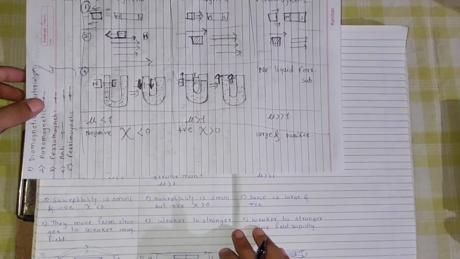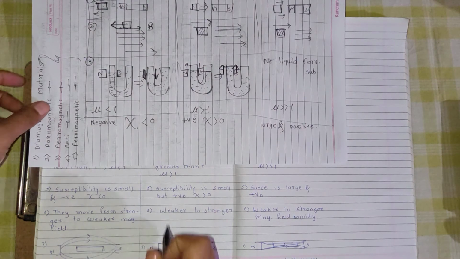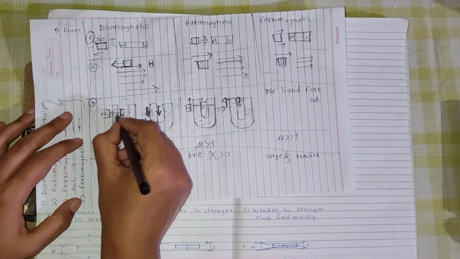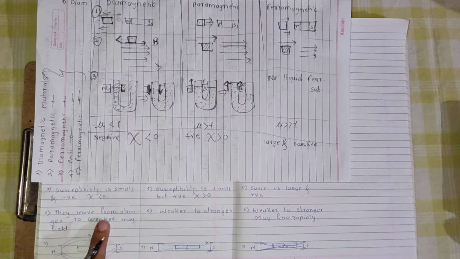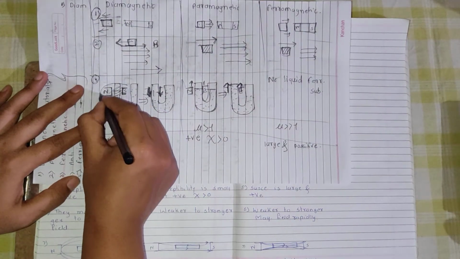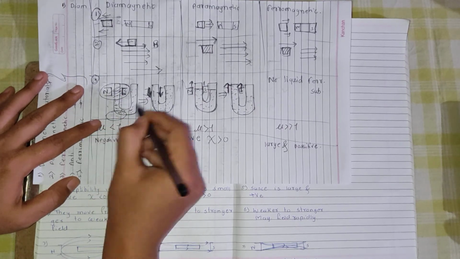Okay, get it? Then the next point: they move from stronger magnetic field to weaker magnetic field. Consider this example. Here there is a stronger magnetic field and here there is a weaker magnetic field.